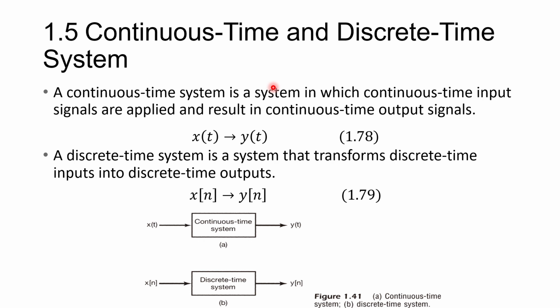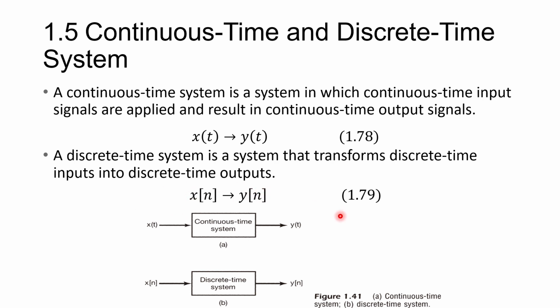I guess our system is a little restricted. We have continuous time systems and discrete time systems. A continuous time system will map a continuous time signal to another continuous time signal, and a discrete time system will map a discrete time signal to another discrete time signal. We don't have crossover, so our systems don't change the domain of our signals.